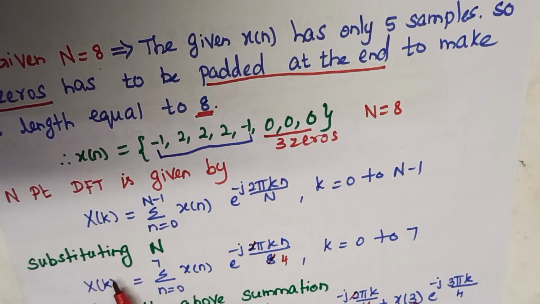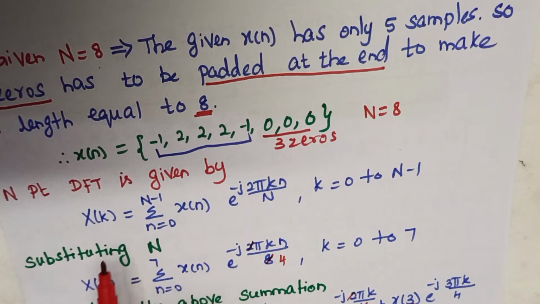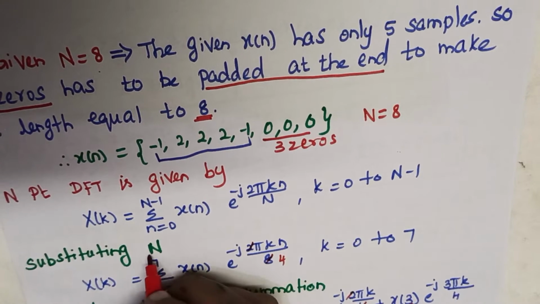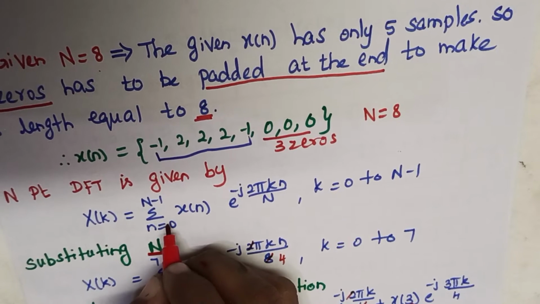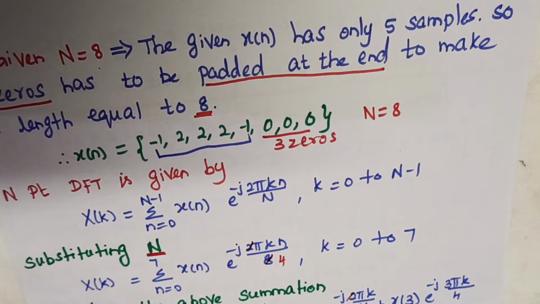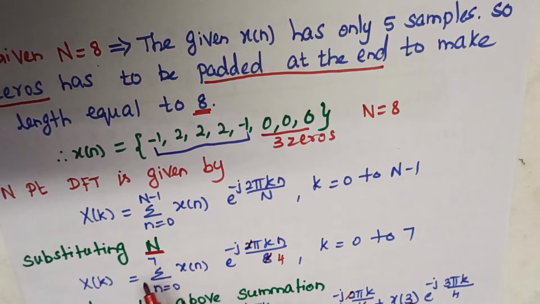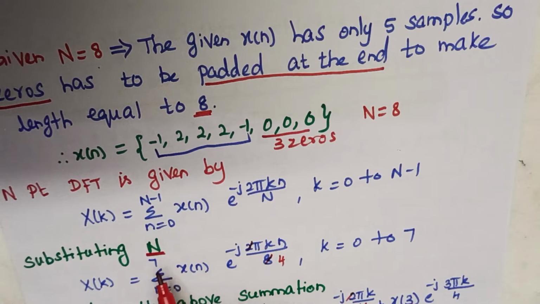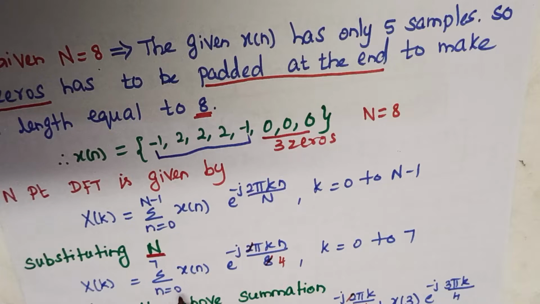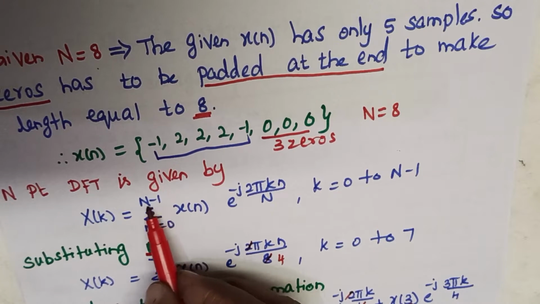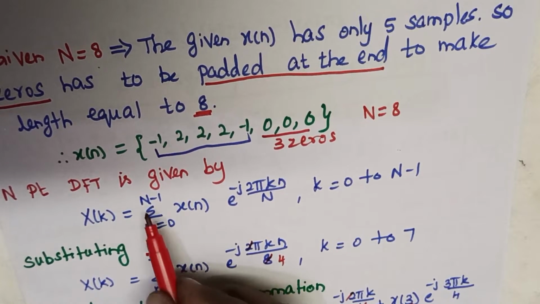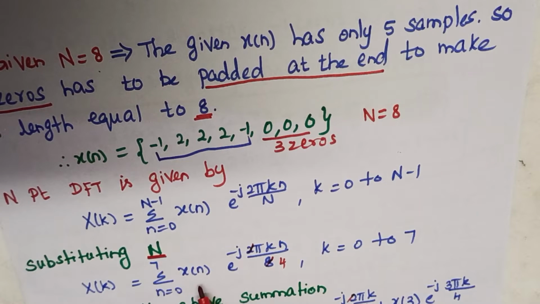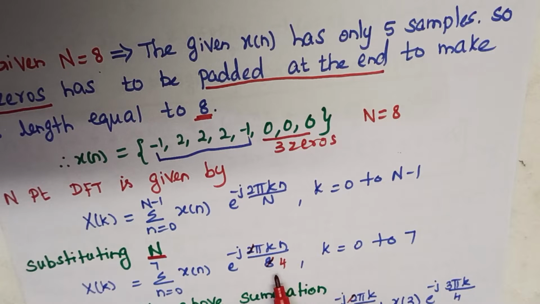The very first step while solving this problem is to substitute the given value of N in the above equation. Substituting N, we get X of k is equal to sigma n equal to 0 to 7, because N minus 1 is 8 minus 1, which is 7, of x of n e power minus j 2 pi k n by capital N. The value of N is 8.